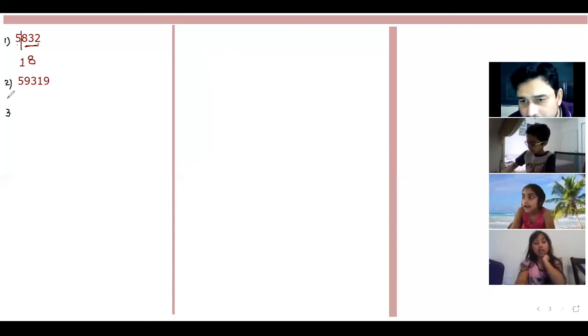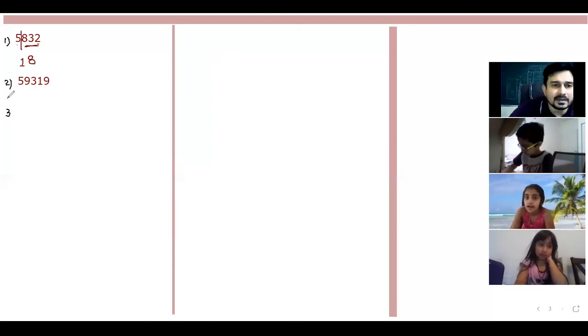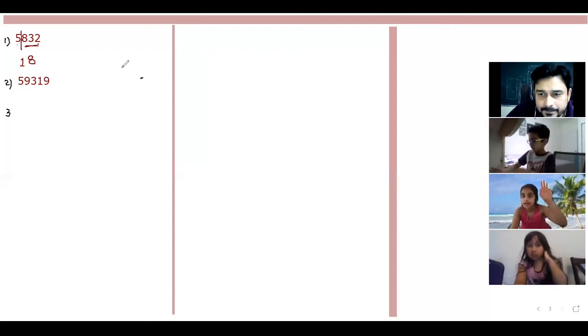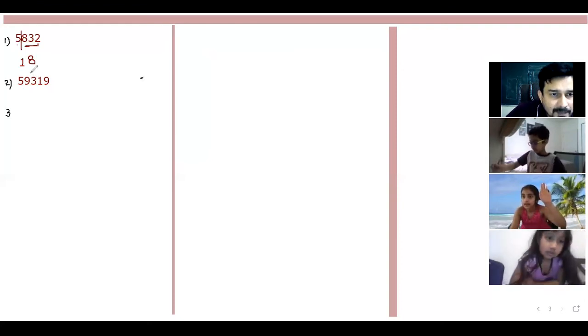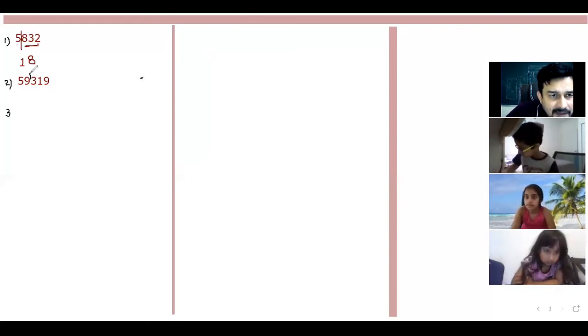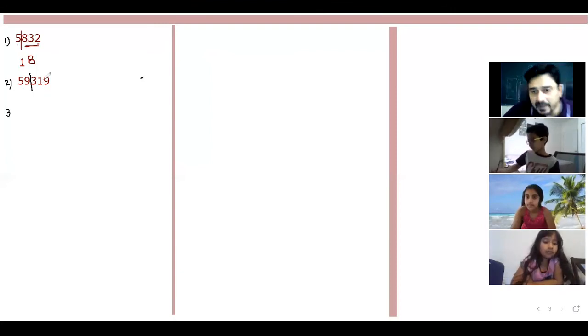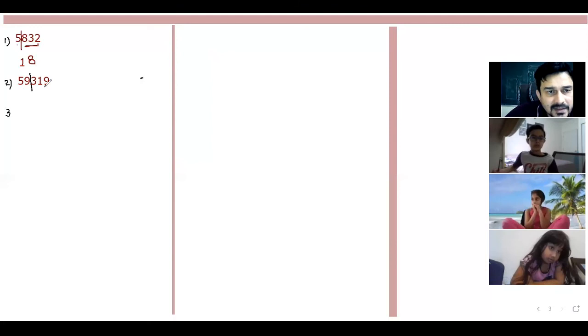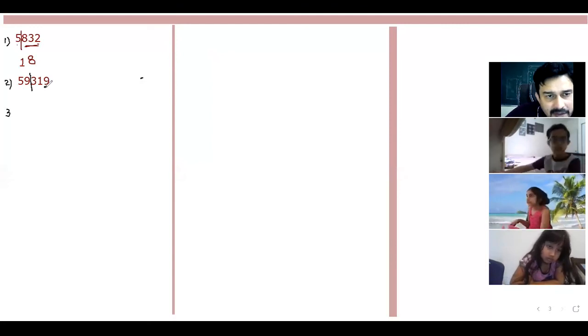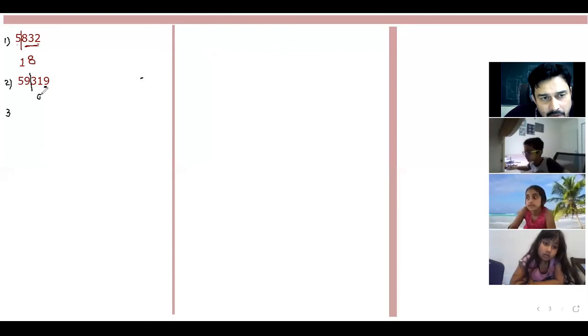I didn't understand the technique. You didn't understand the technique. How many understood? First step is divide it into 2 parts, right? This you know. And RHS must always have 3 digits. The second step is look at the units digit. It is 9, so its cube root will also be 9.